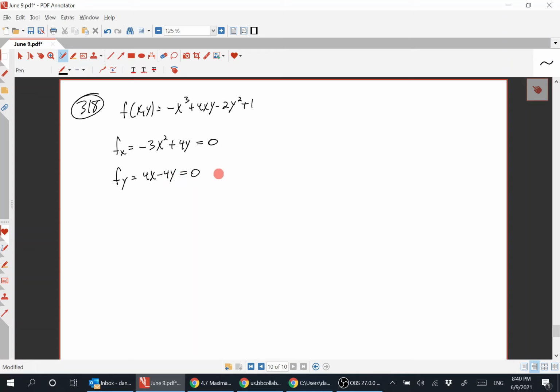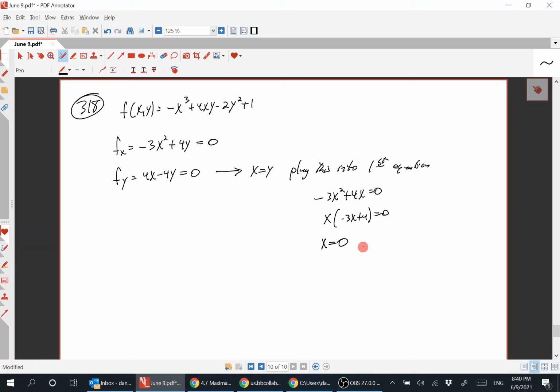So here, this second equation, 4x minus 4y is 0, simply says x equals y. So we'll plug this into the first equation. Minus 3x squared plus 4x equals 0. Factor out an x, and I have x times minus 3x plus 4 equals 0.